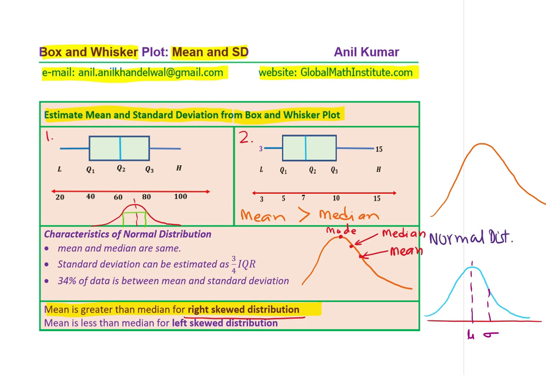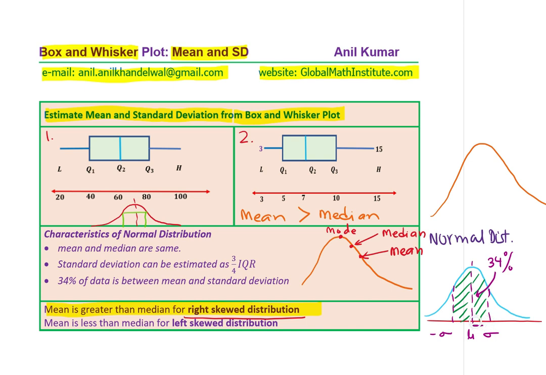The amount of data here between these two is actually the same as the amount of data one standard deviation towards the left. So this area, I can say, is 34% approximately.